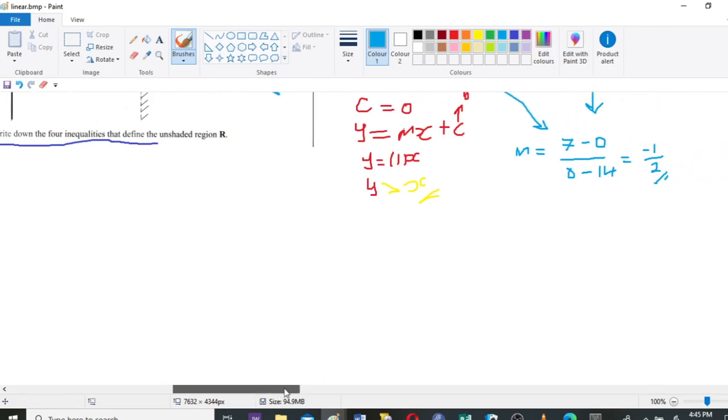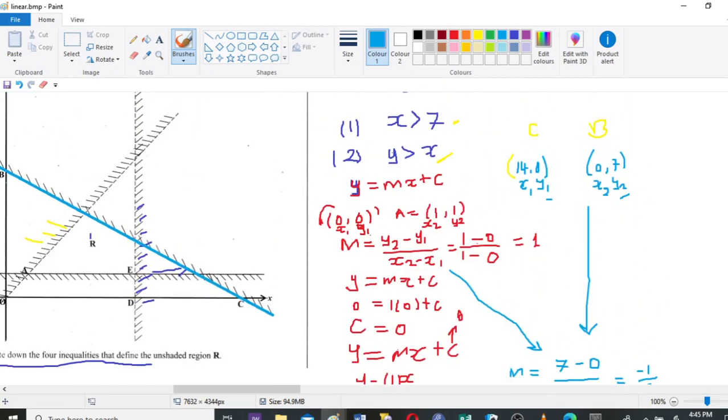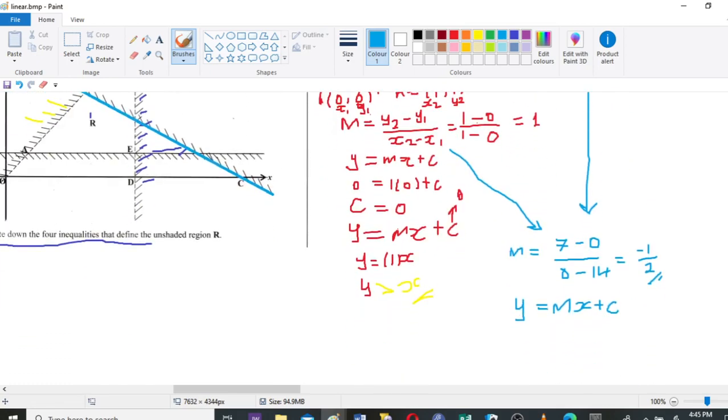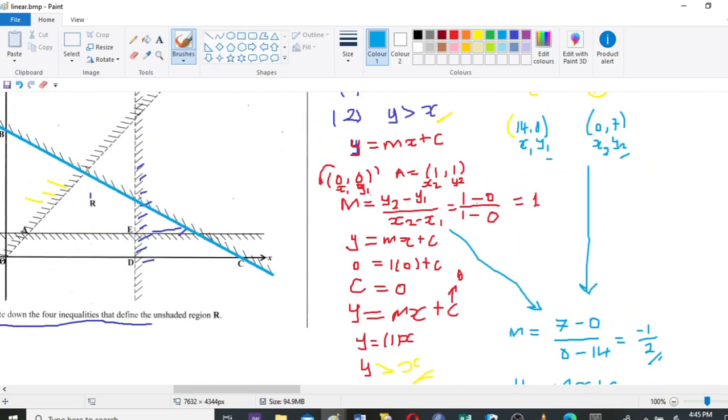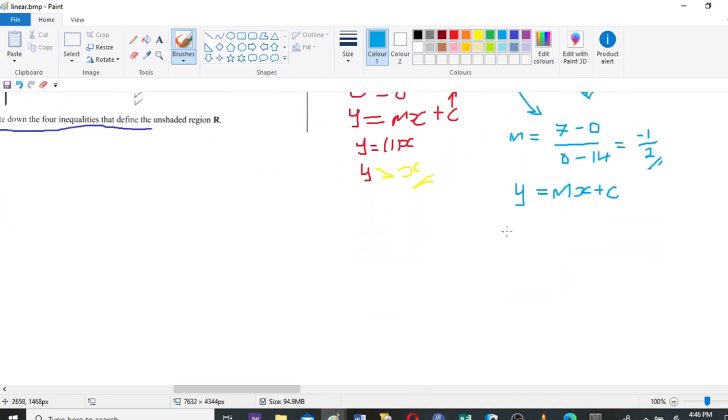After getting that, you can now calculate using the general equation for the inequalities, that is, your mx plus c. Now for your y value and your x value, you can choose 0 and 7. We just use one pair, remember, which contains an x and y value.